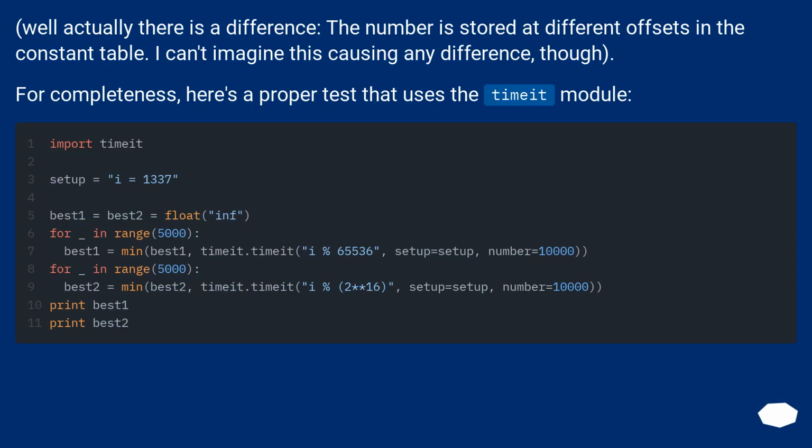Well, actually there is a difference. The number is stored at different offsets in the constant table. I can't imagine this causing any difference, though.